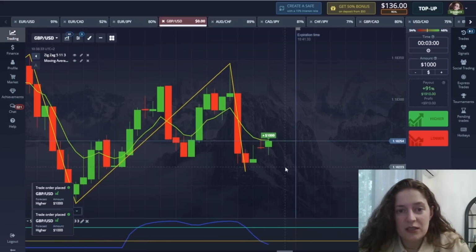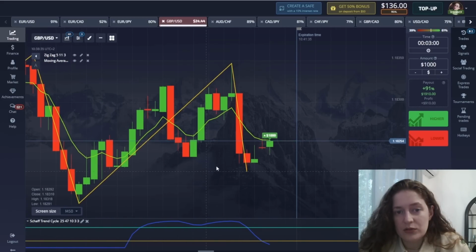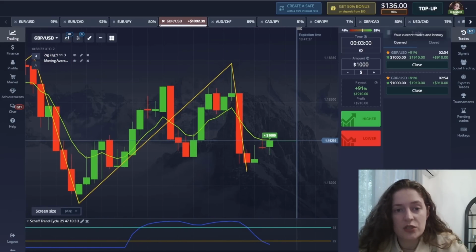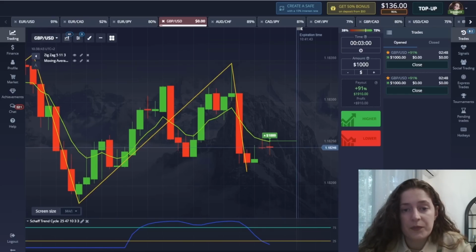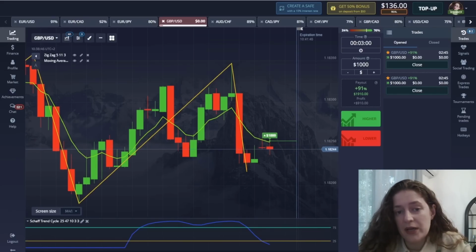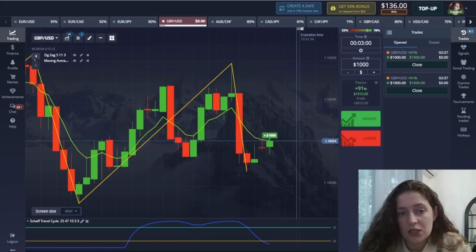So at this particular moment, I opened an upward position with $2,000. As I told you in the previous trade, the zigzag line is in the best situation now and gives us a signal. Also, the Schaff trend cycle blue line is in a very good condition.